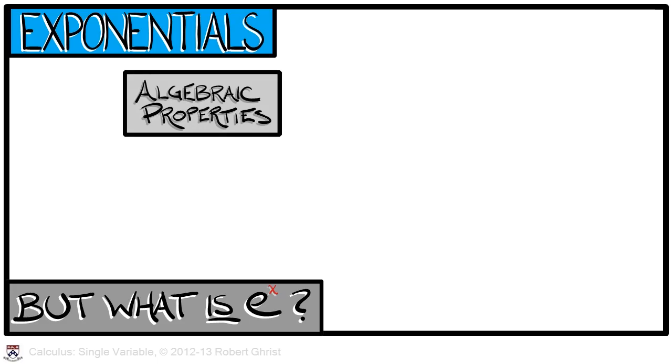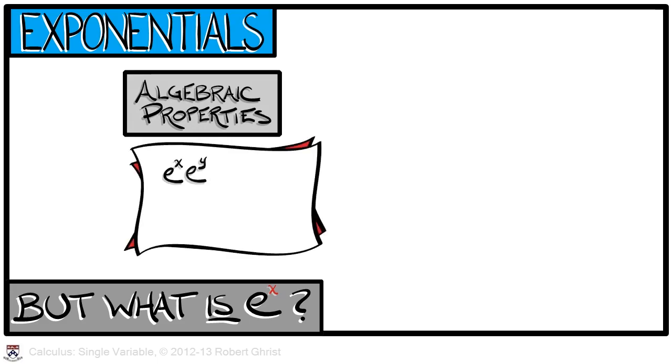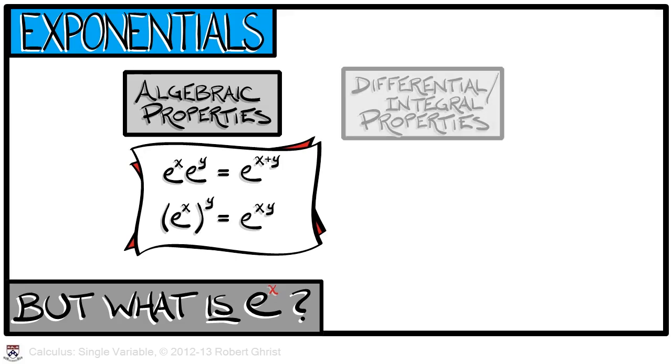Before we get to the answer to that, let's review some of the algebraic properties associated with the exponential function. I hope you remember that e to the x times e to the y is e to the x plus y, the exponents add, and e to the x raised to the y power is e to the x times y.